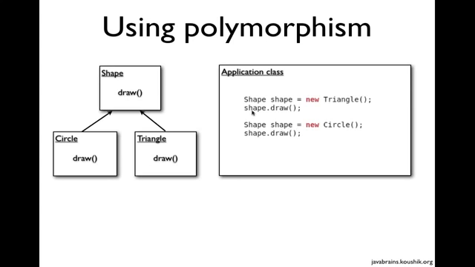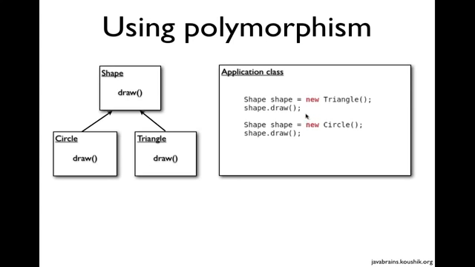Now I'm going to call shape.draw. Now if shape has a triangle, it's going to call this draw, and if the shape has a circle object, it's going to call this draw. So this is actually polymorphism in action. We are doing something that uses polymorphism concepts.